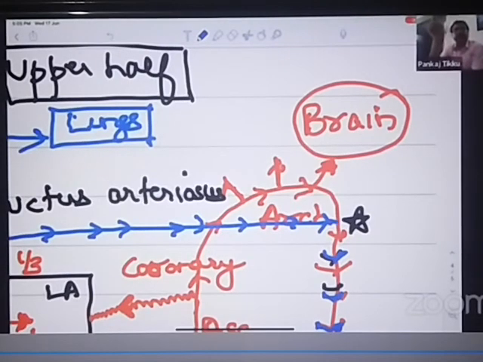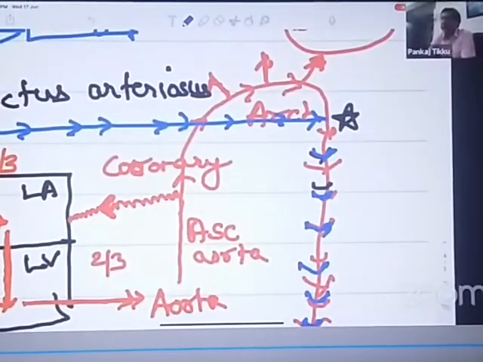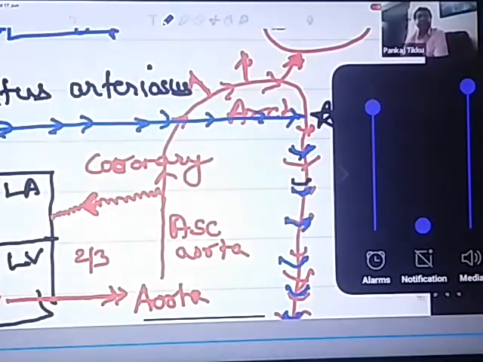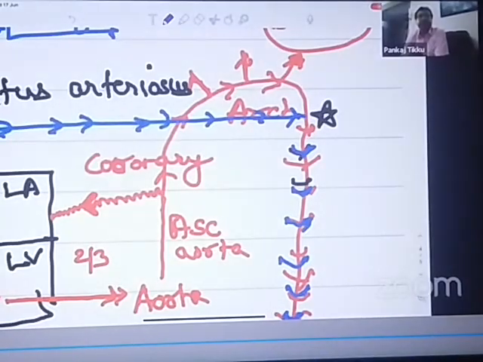Then this arch of aorta turns down into the descending aorta, and this blood enters into the descending aorta.